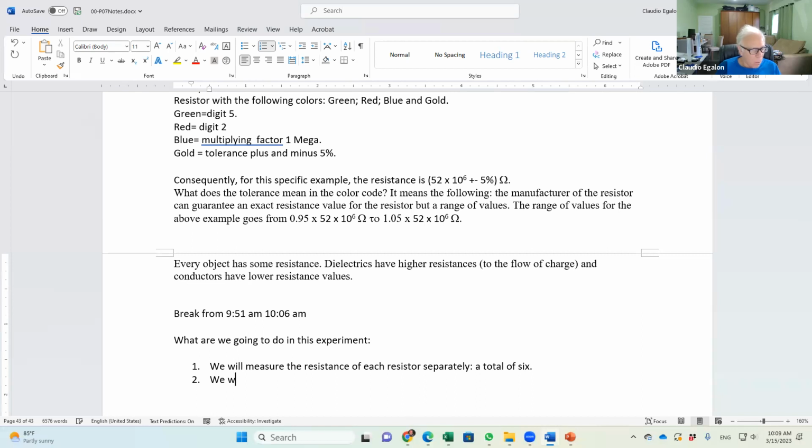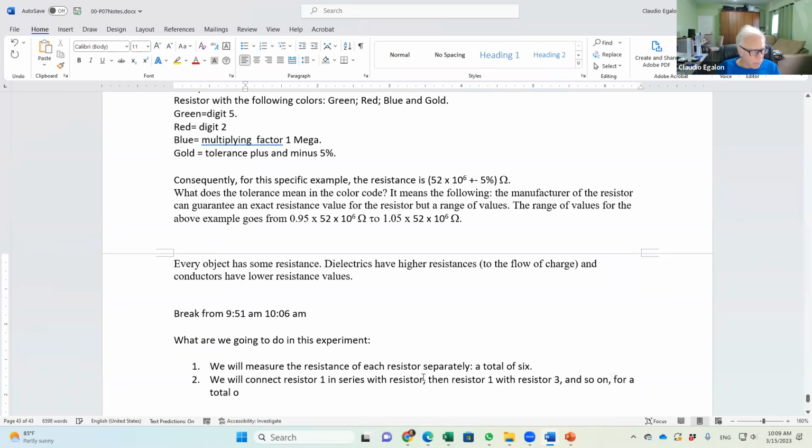Then we will connect resistor 1 in series with resistor 2. Then resistor 1 with resistor 3, and so on.